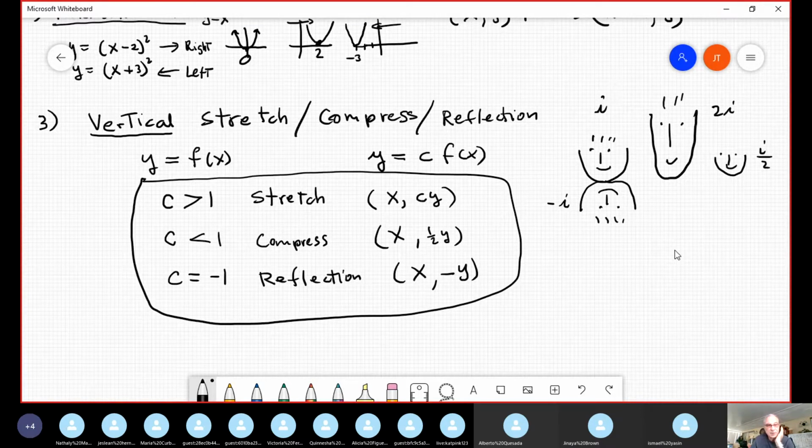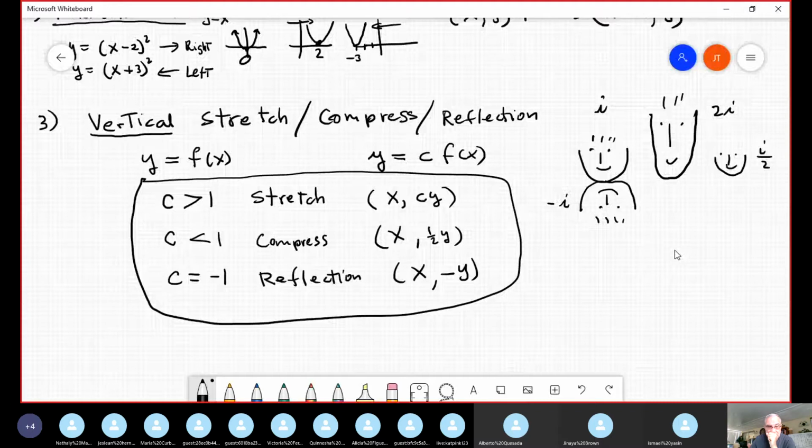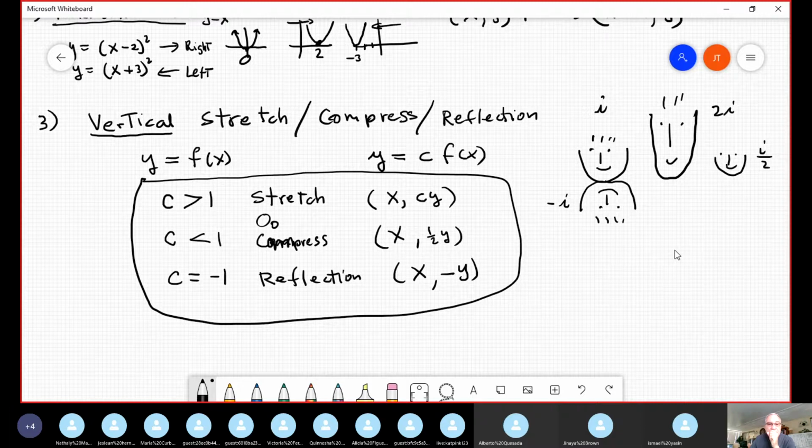When the factor, I call it c, is greater than 1, the transformation is vertical stretch. When the factor is less than 1, it's a compress. And when the factor is exactly negative 1, it's reflection.